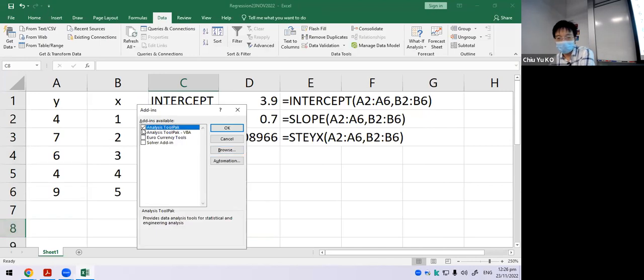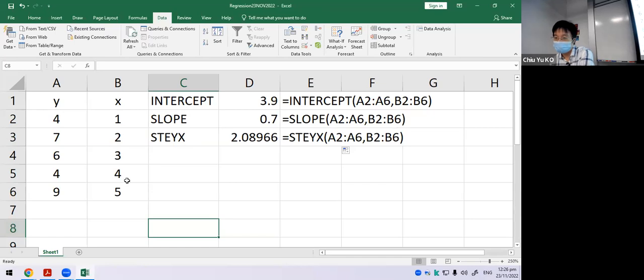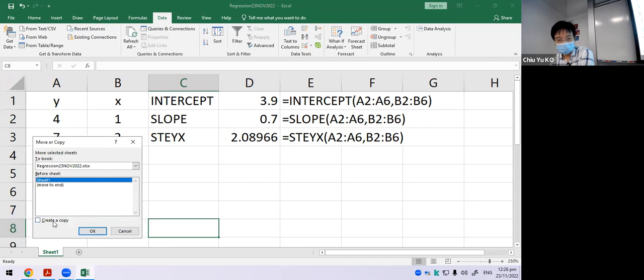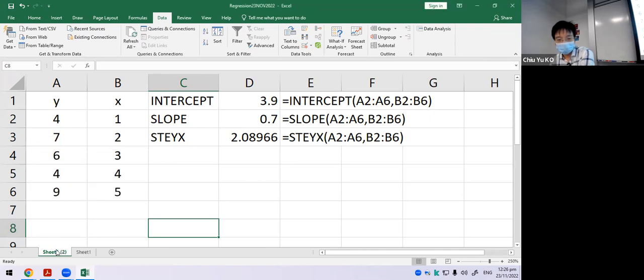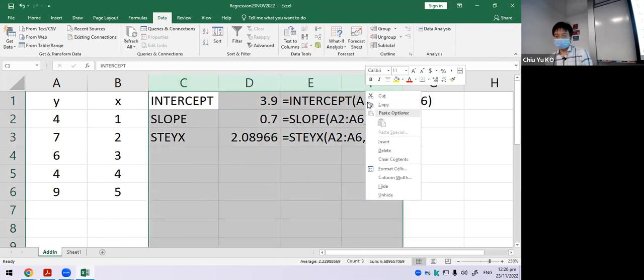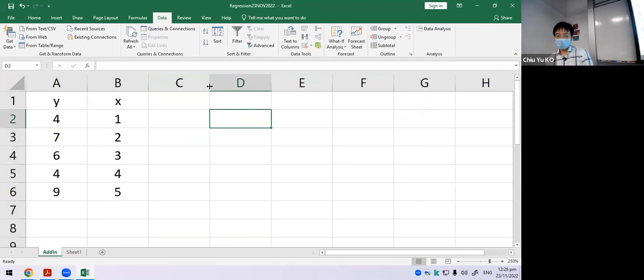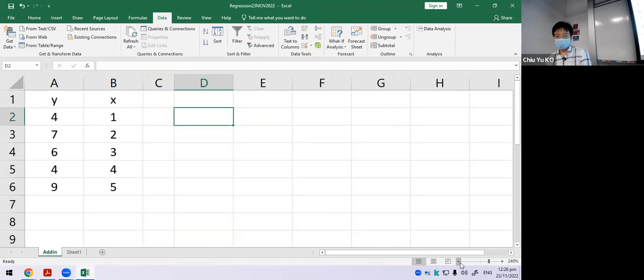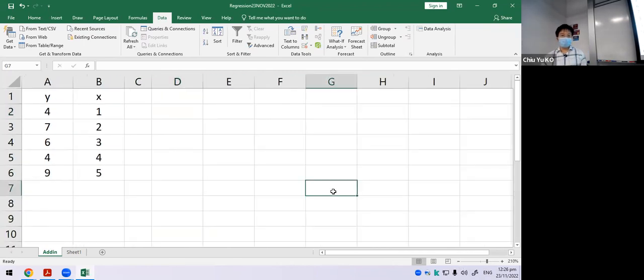I enabled the Analysis ToolPak. I think we'll do this many times, so I'm not going to repeat it. For this, I'm going to create another copy. This I will call Add-in. I don't really need this column, so I just erase it. I'm going to make it smaller. I'm going to use the regression add-in to handle regression. That will make things easier.